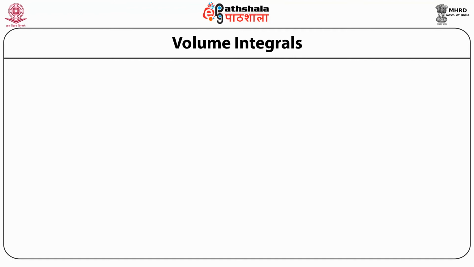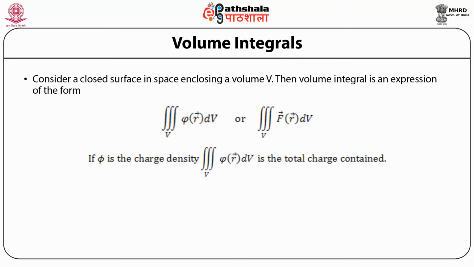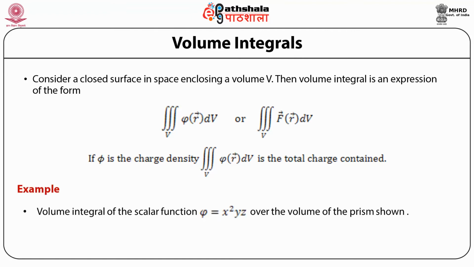Volume integrals. Consider a closed surface in space enclosing a volume V. Then a volume integral is an expression of the form volume integral phi(r) dV or volume integral F(r) dV. If phi is the charge density, then volume integral phi(r) dV is the total charge contained. For example, take the volume integral of the scalar function phi equal to x squared yz over the volume of the prism, which is shown.